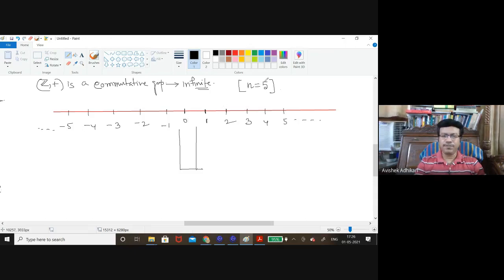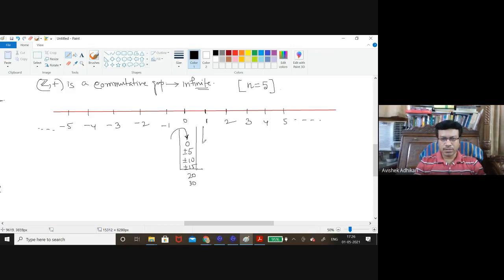When you divide all integers by 5, you collect all the integers whose remainder is 0, that is, divisible by 5. For example, 0 should be here, plus minus 5, plus minus 10, plus minus 15, 20, 30, and so on. So this bucket consists of infinitely many integers, maybe positive, maybe negative, and also 0.